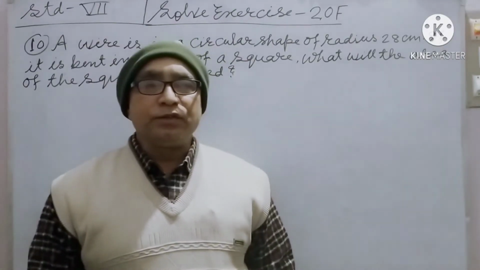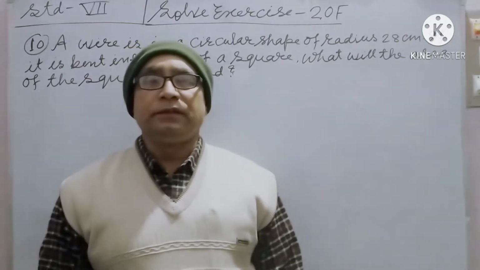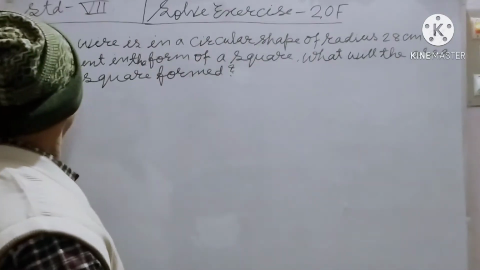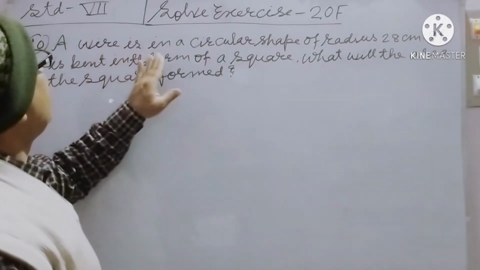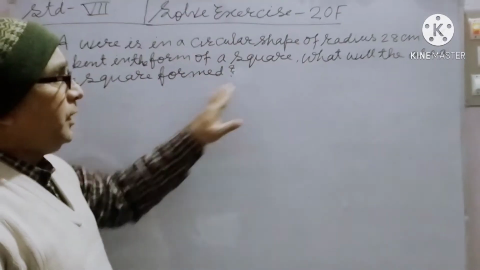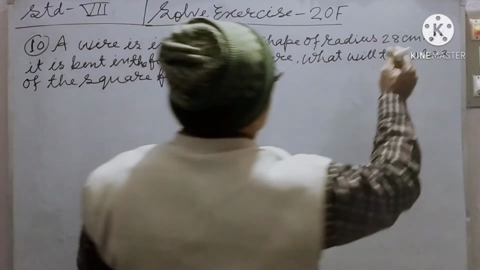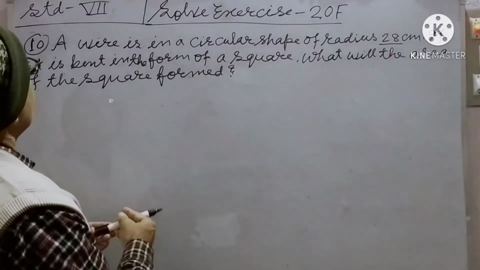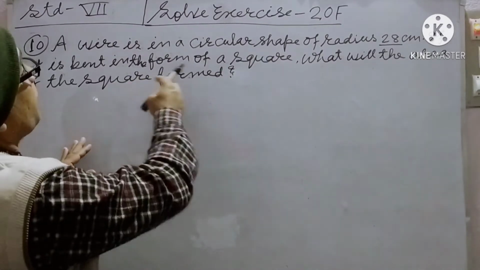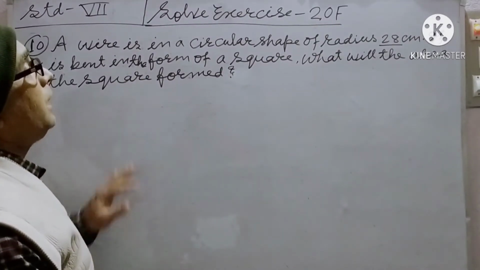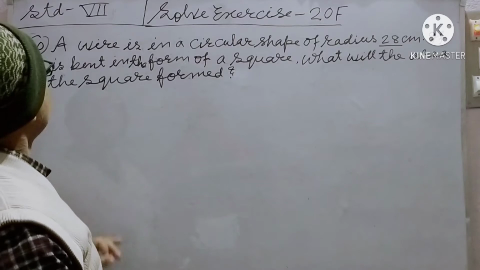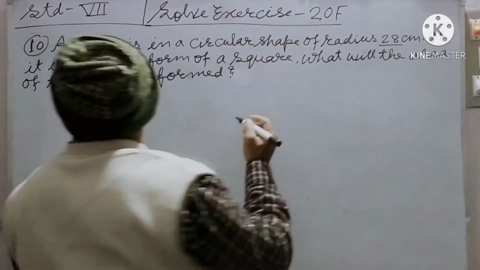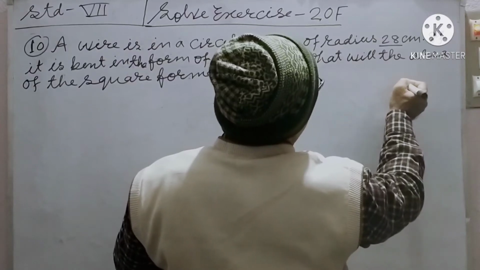Students, next question is question number 10 on this board of exercise 20F. In this question, a wire is in a circular shape of radius 28 cm. If it is bent in the form of a square, what will be the area of the square formed?